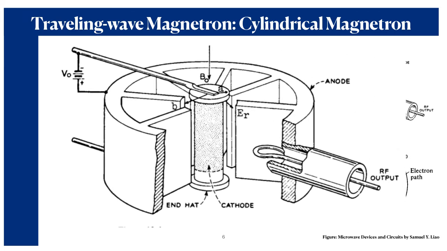You can see that the DC voltage source V0 is applied to the cathode with respect to the anode, where the positive terminal is connected with the anode and the negative terminal is connected with the cathode.